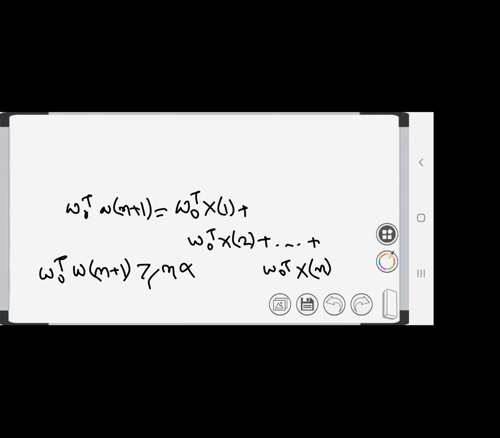Next we make use of the Cauchy-Schwarz inequality, given two vectors W0 and W n plus 1.